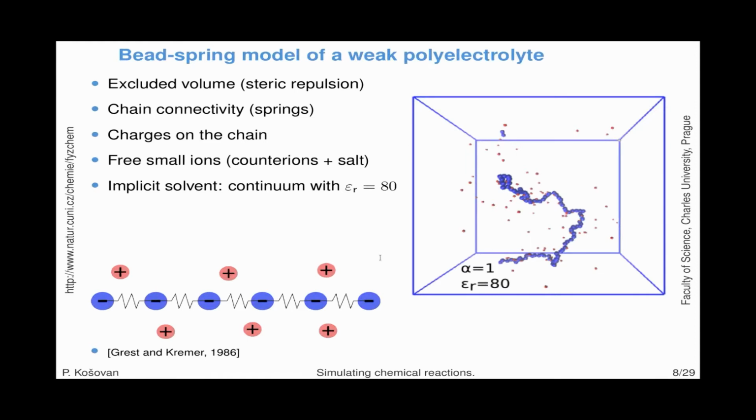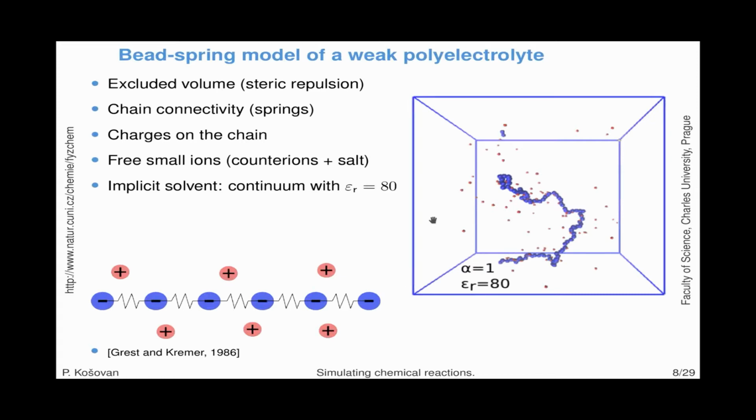And how we do it is using a bead spring model of a polyelectrolyte that is based on, by now, standard bead spring model introduced by Kremer and Grest. And what this model accounts for is depicted in a simulation snapshot on the right. It accounts in some way for excluded volume or steric repulsion by means of short-range non-bonded potential.